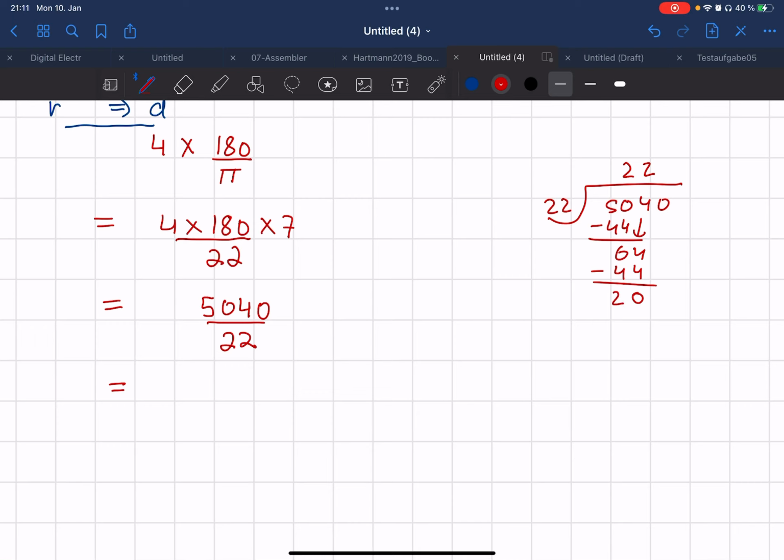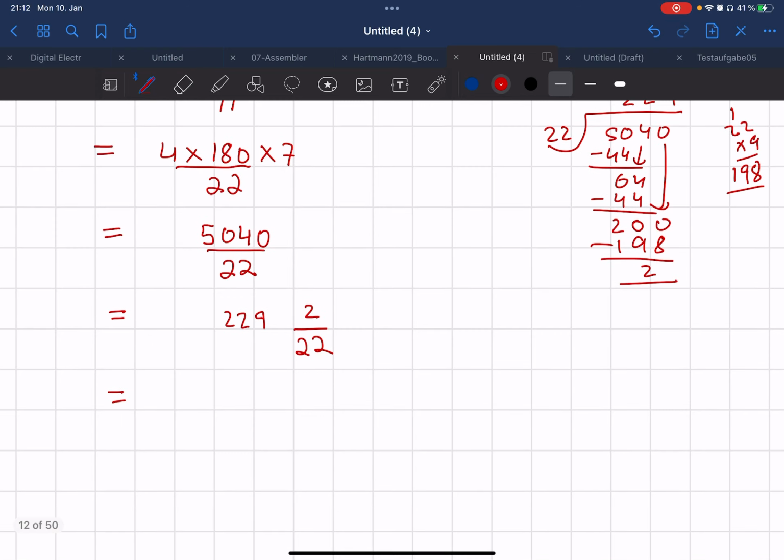Then 200: 22 nines are 198, so the remainder is 2. So I write it like this: 229, and 2 upon 22. All right. So now I write 229 degrees.